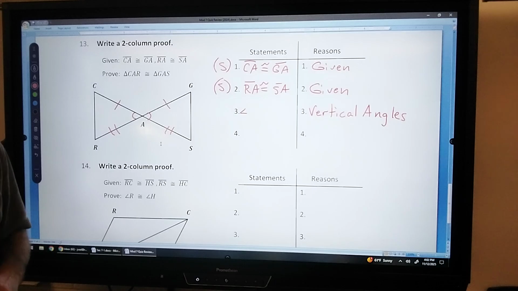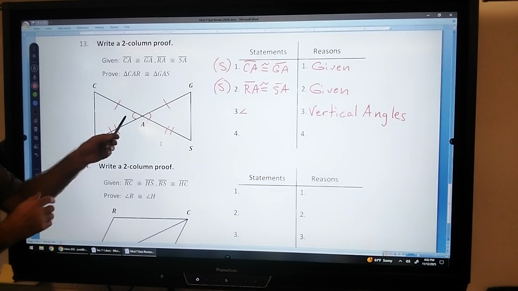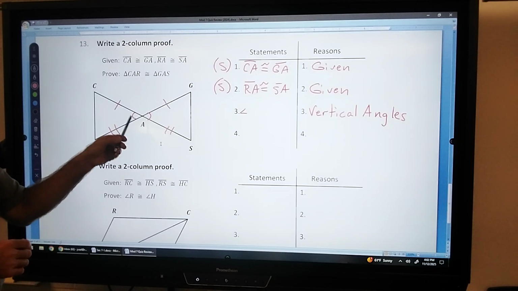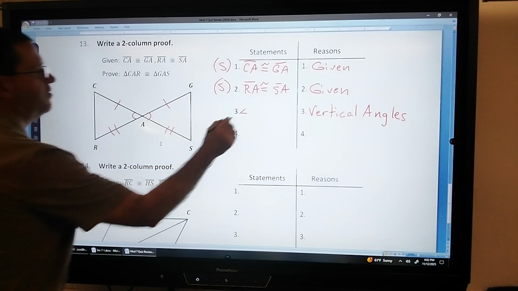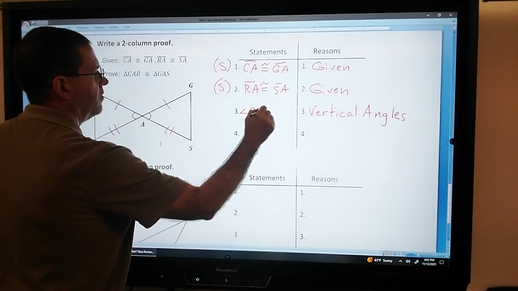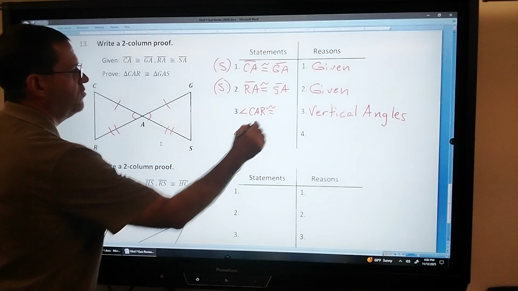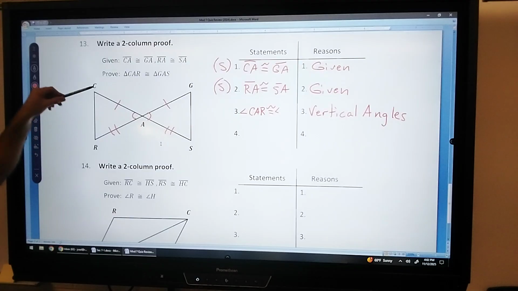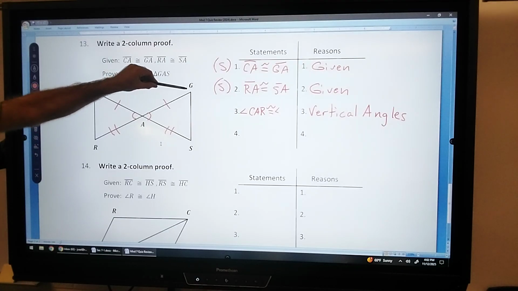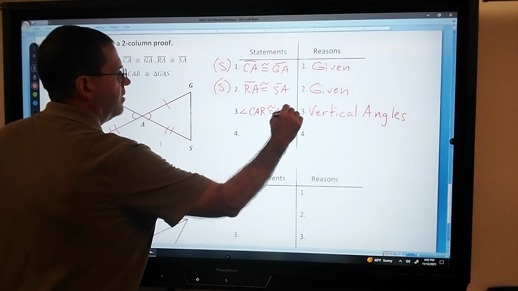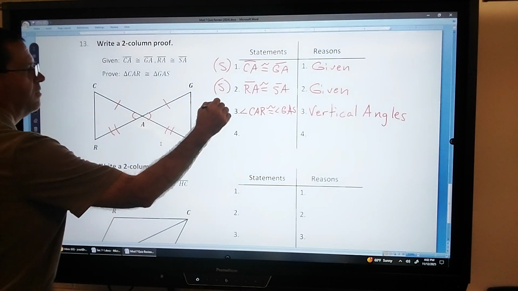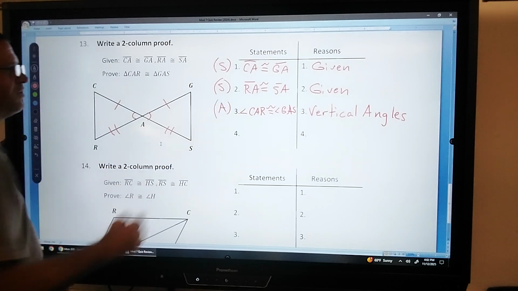To name those angles, I have to use 3 letters, and I have to make sure letter A is my middle letter. So let's just do CAR is congruent to angle. Now be careful, letter C would actually match up with G, and then A, and then S. And that's an angle, so we put that there.